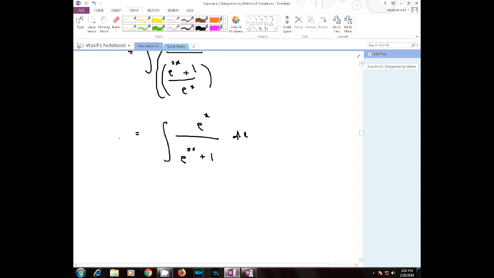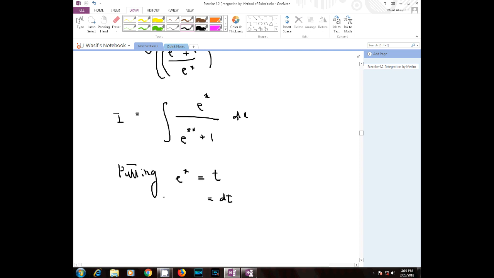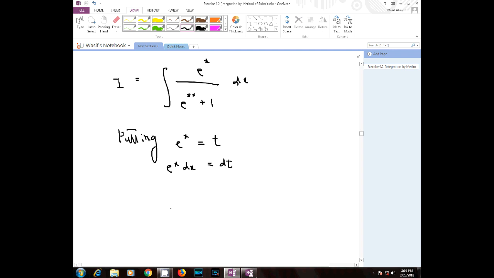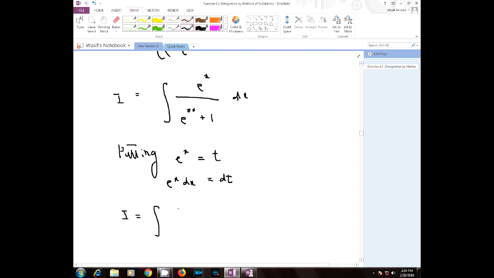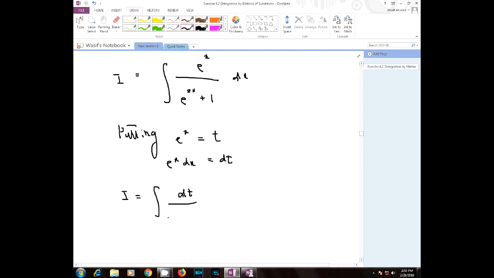Now you can put e raised to the power x equal to t, so that dt is equal to e raised to the power x dx. So now your integral I is equal to, instead of e raised to the power x dx in the numerator, you have just dt, and in the denominator you have e raised to the power 2x, that is t square plus 1.